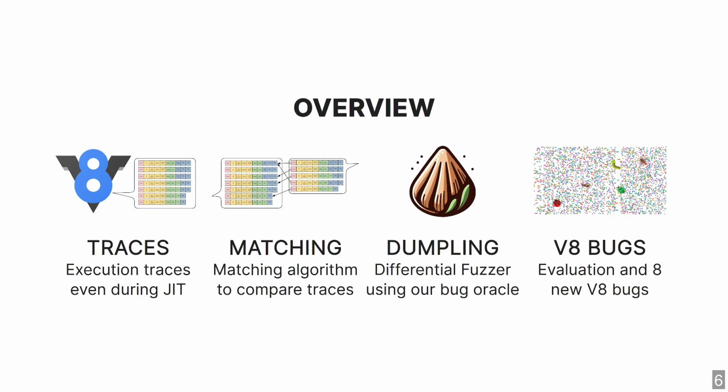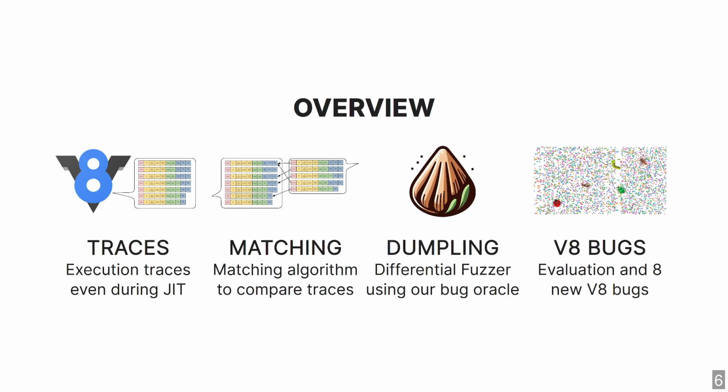As an overview of what we do in our paper, we collect traces from the execution of the same program, first optimized and unoptimized, and even during JIT code execution.